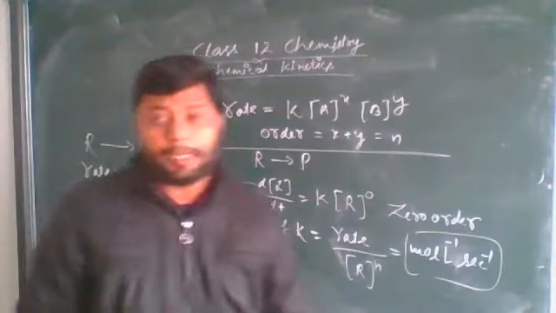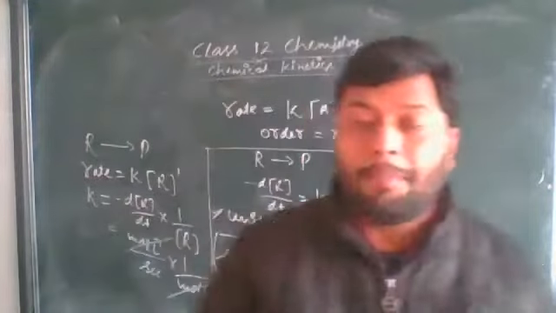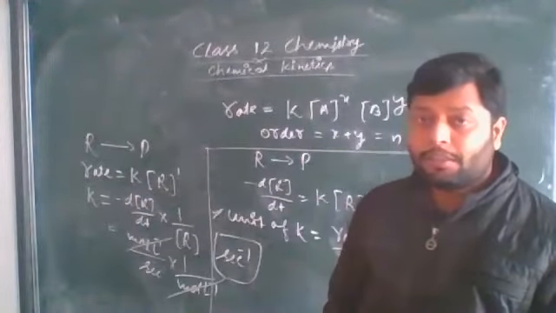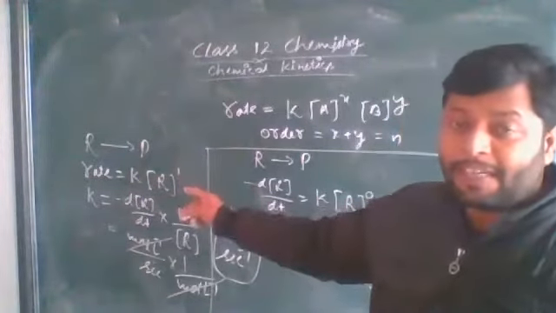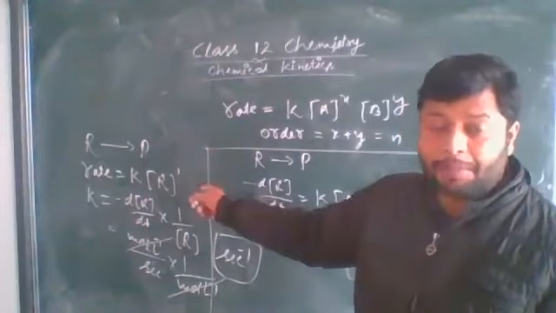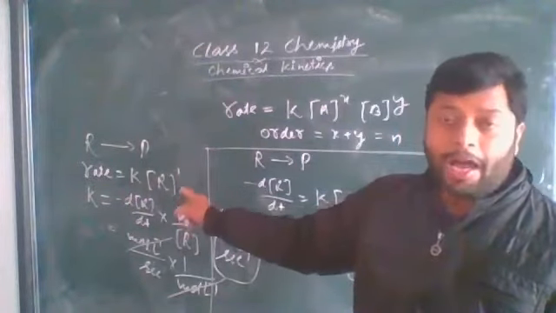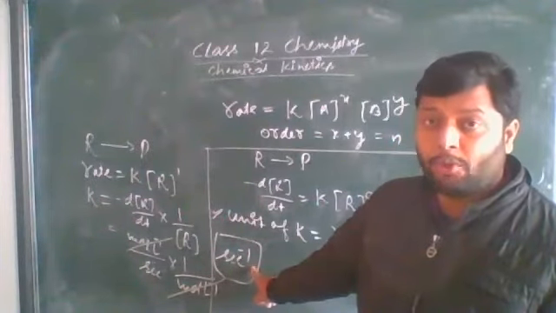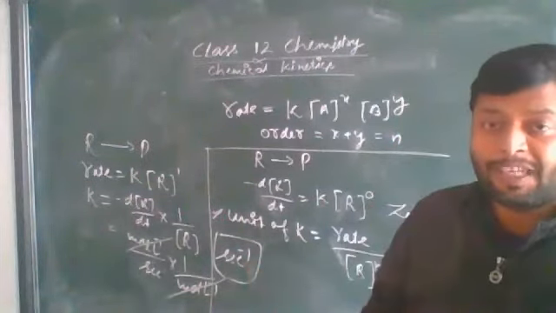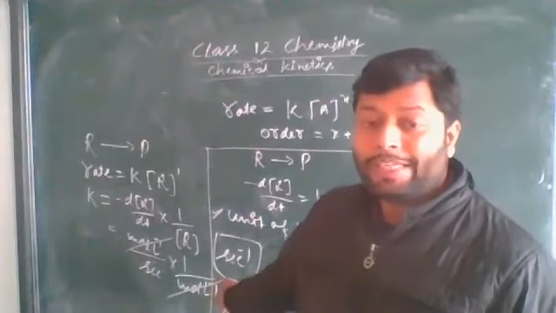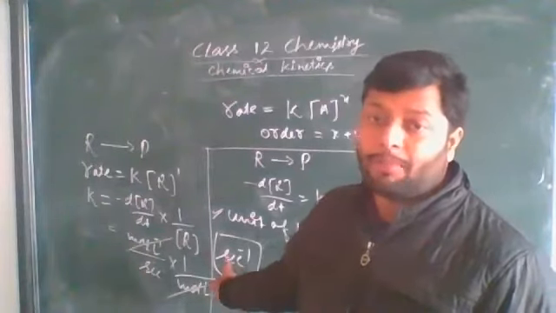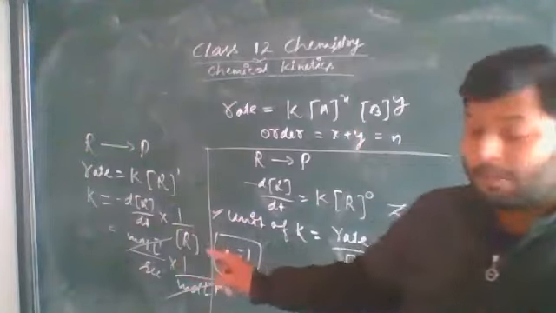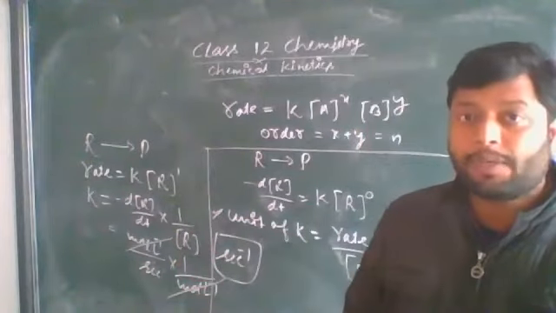So for the first order reaction, the rate depends upon the first power of the molar concentration of reactants, and the unit will be time inverse, sometimes second inverse, sometimes minute inverse depending upon the condition. So it will be a time inverse value for the unit of k.